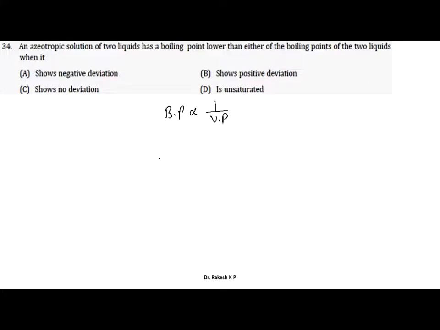Okay, let me draw the graph here to represent the ideal solution. So I can write the x of a equal to 1, this is the x of b equal to 0 in this case. But here the x of a equals 0, this is the x of b equal to 1. Let me take this as p naught a, and here I am going to write p naught b.